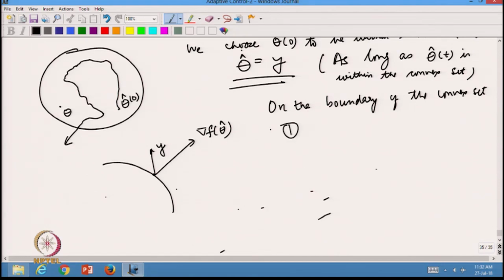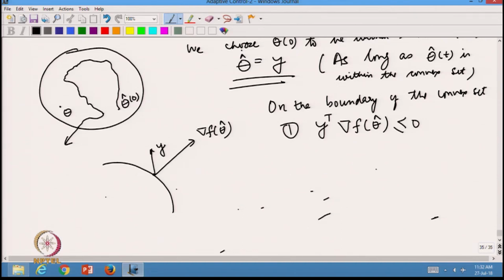One is when the dot product, which in matrix vector notation we write as y transpose del f theta hat, is less than or equal to 0, which means the direction of y is either tangential to this curve, or it is pointing inside of this closed curve.